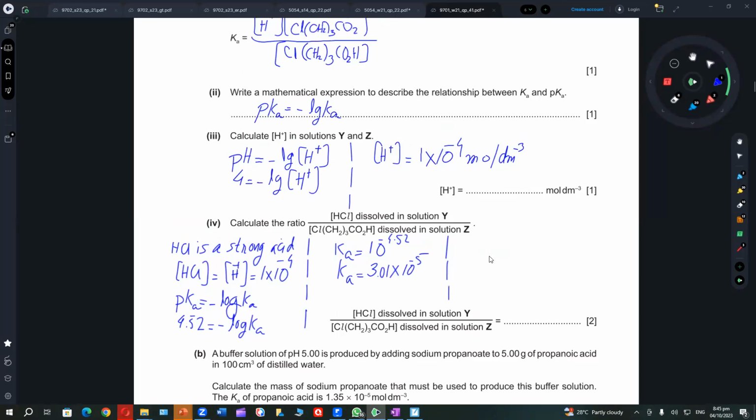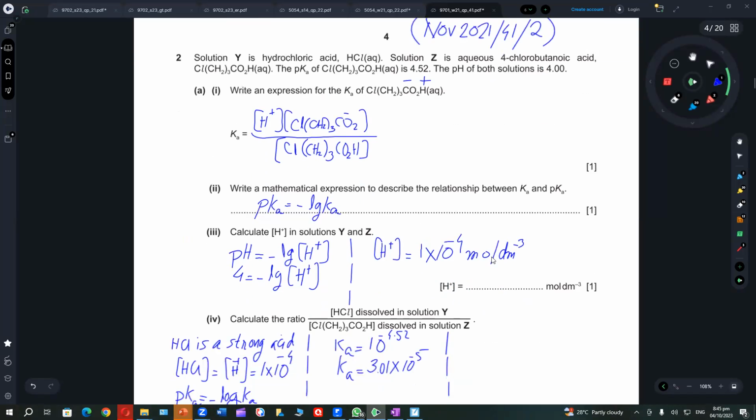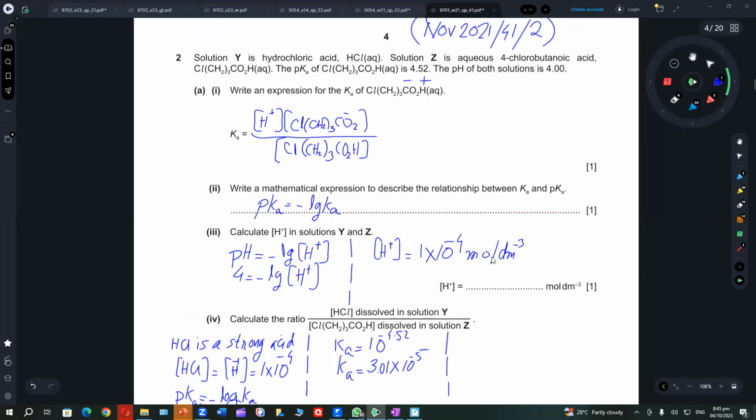The formula is written in the first equation. I have the Ka, and what about the numerator? I need H plus actually. We calculated H plus.